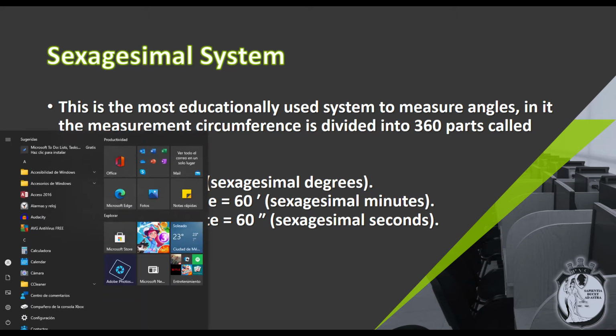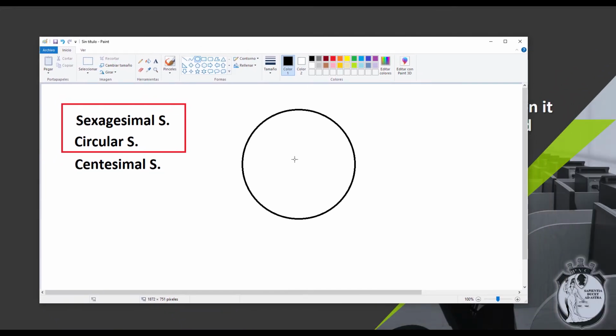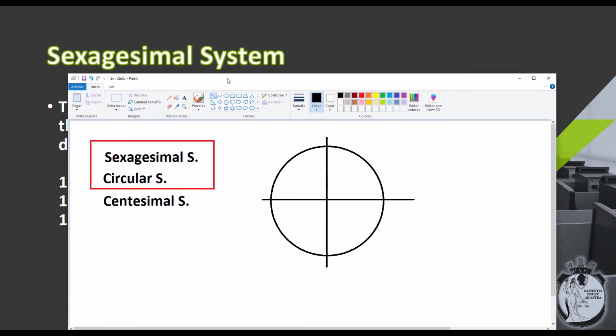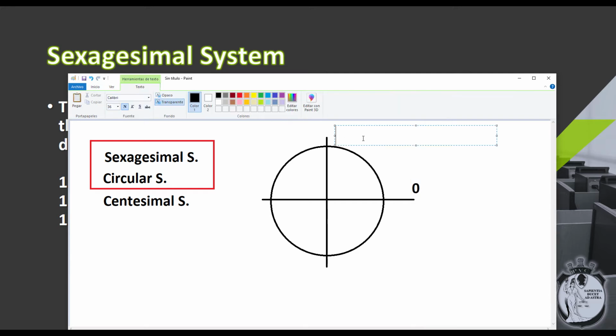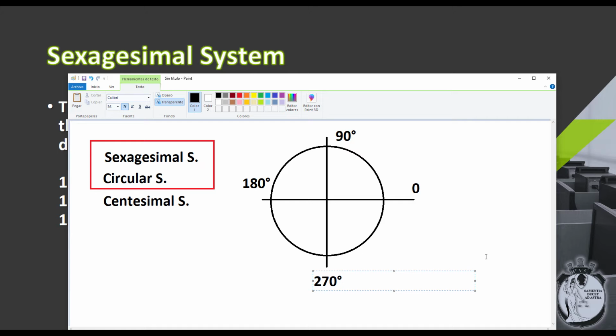Well, again, we will use Paint. You need to remember that a full angle is one whole rotation. The sexagesimal system: 90 degrees, 180, 270, and 360 degrees.